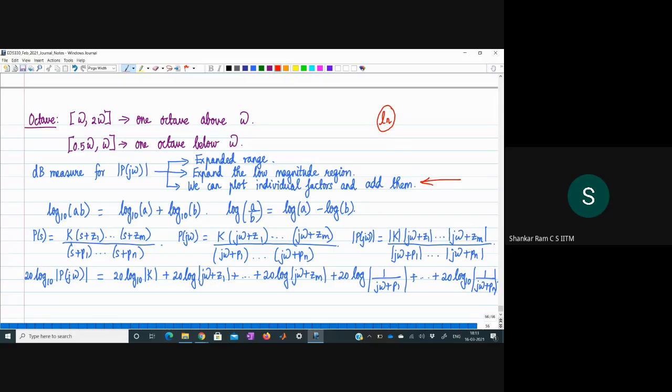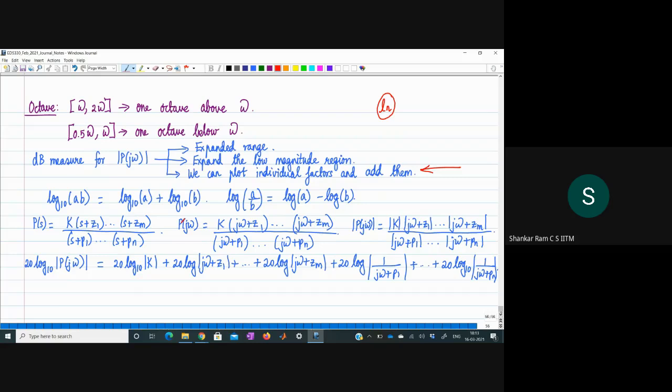I hope now it's clear why we use a decibel measure for the magnitude of P of j omega. The advantages are that, once again, the decibel measure helps us to expand the range of the magnitude of P of j omega that we can plot. Second, it will expand the low magnitude region.